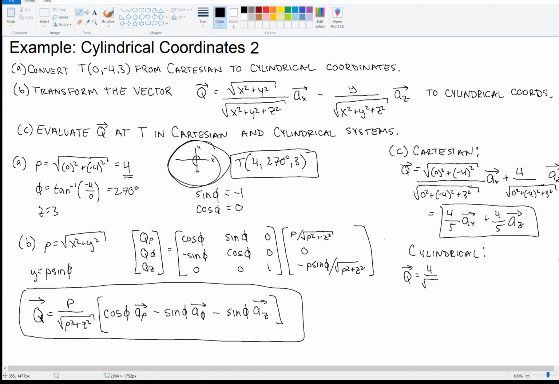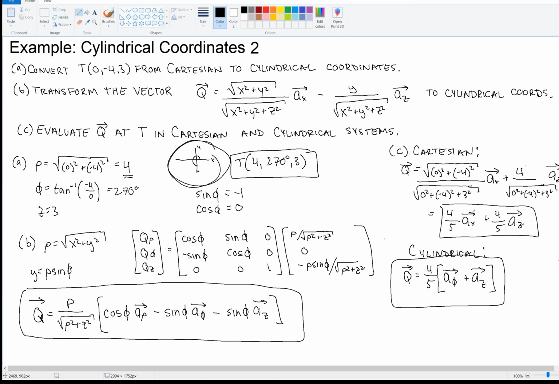So that's 16 and 9 is 25. So that's the square root of 25, which is 5, times cosine of phi is 0. So 0 in the rho direction, minus sine phi. Sine phi is -1. So that makes that. Okay, and then we've got minus sine phi again, so that's plus. Okay, and that's our answer.